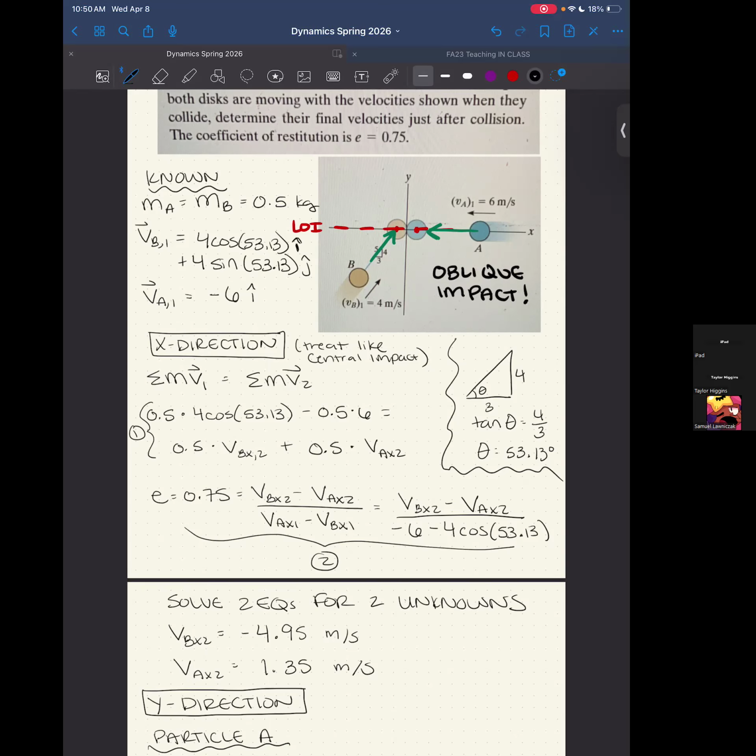Let me pull up the schedule just so I don't misspeak. Okay, so Thursday, we're going to start talking about angular impulse momentum for particles. And then the rest of the content will be all the same particle content, but for rigid bodies.